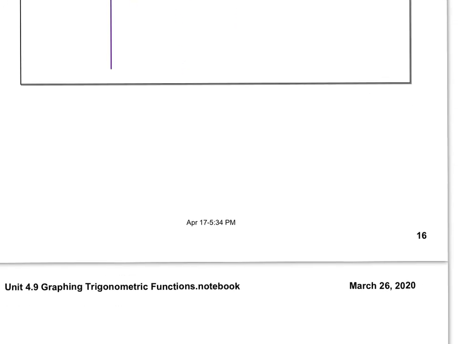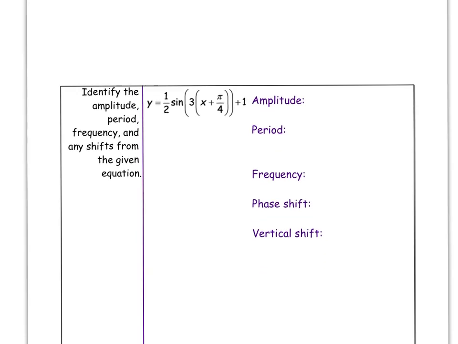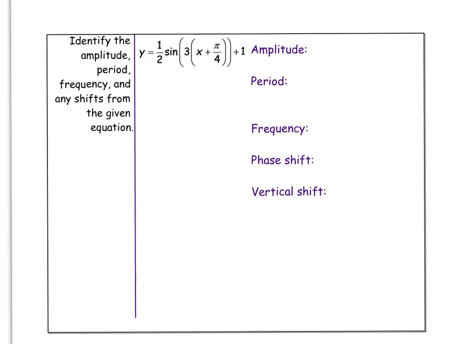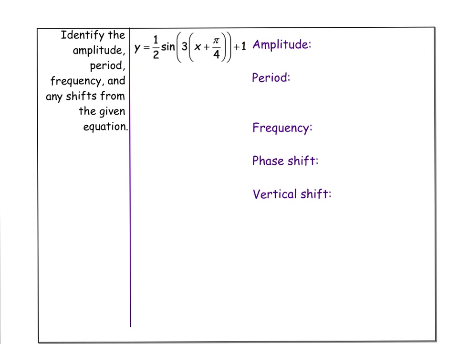So here we go. For the first problem, my amplitude is still the number in front of sine, so my amplitude is 1/2. Notice this one has b factored out, so this is my second equation. Here's b. Period is still 2 pi divided by b, so this is 2 pi divided by 3.